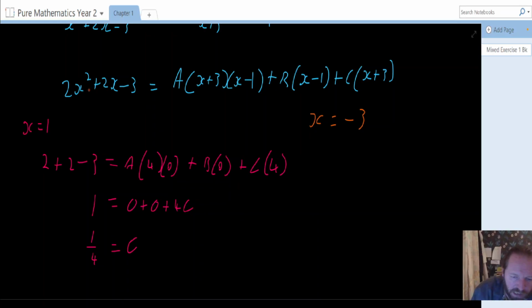So same again as we sub it in, minus 3 squared is 9, 2 9s are 18, minus 6, minus 3, equals, what we're doing with minus 3, so we've got a times 0, plus b times (3 minus 1) is 2, plus c times 0.